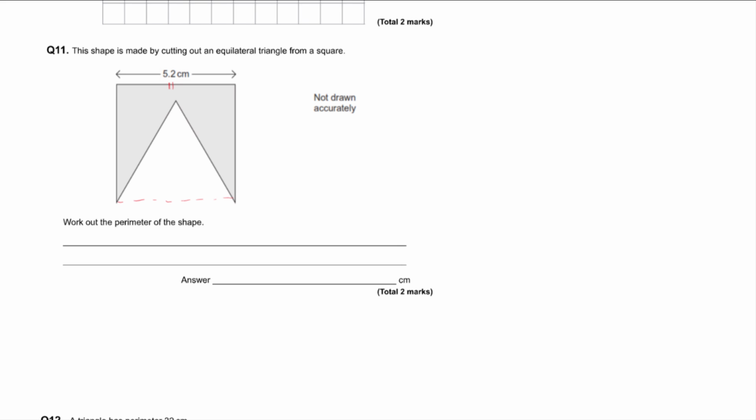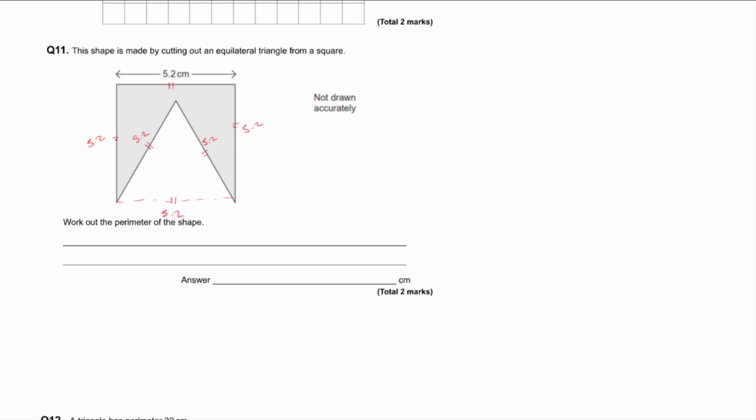So that side there must be equal to that one there, so that one must be 5.2 as well. But because this is an equilateral triangle, then that must be 5.2 and that must be 5.2 as well. Okay, and because it's a square, this must be 5.2 and this must be 5.2 as well.